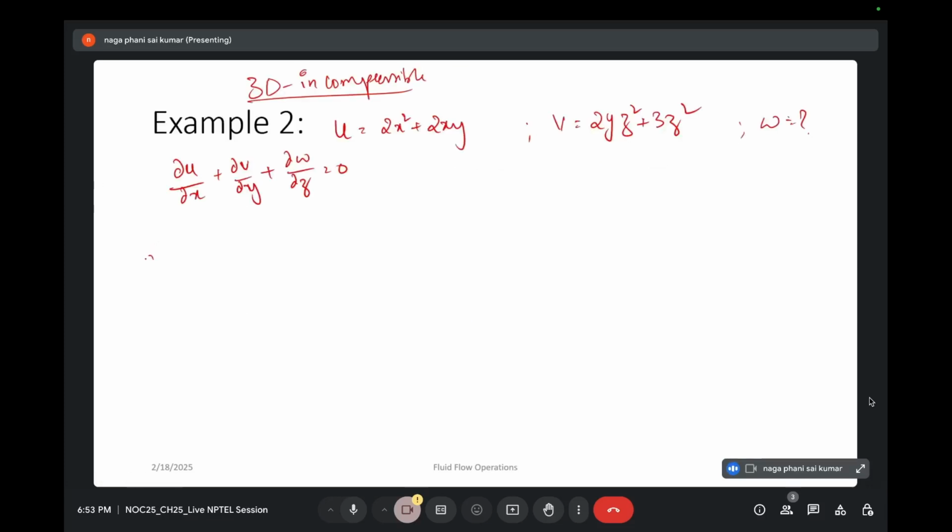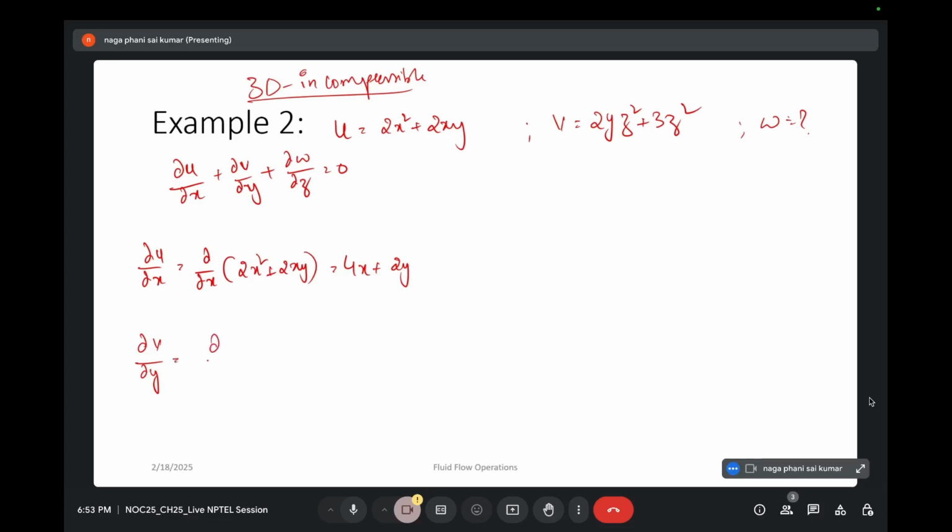So what is ∂u/∂x? It will be ∂/∂x of 2x² plus 2xy, right? So that is going to give us 4x plus 2y. And then we have to find ∂v/∂y.